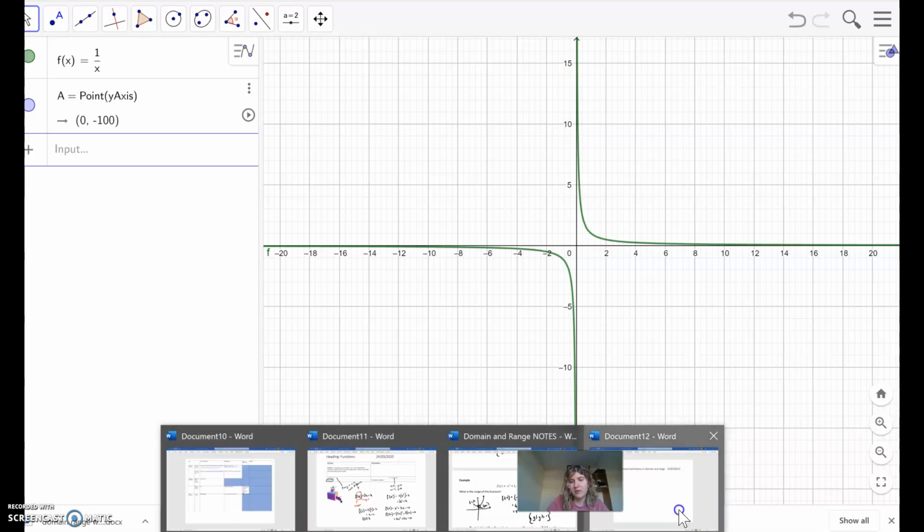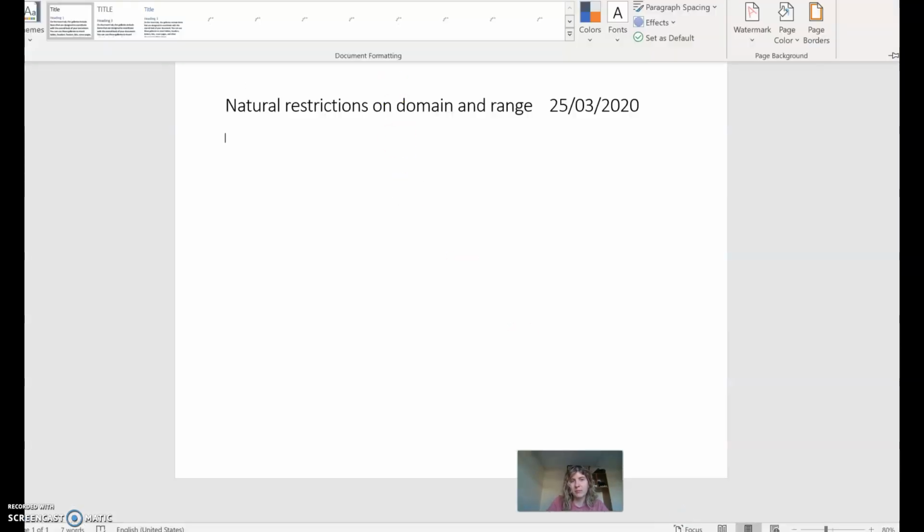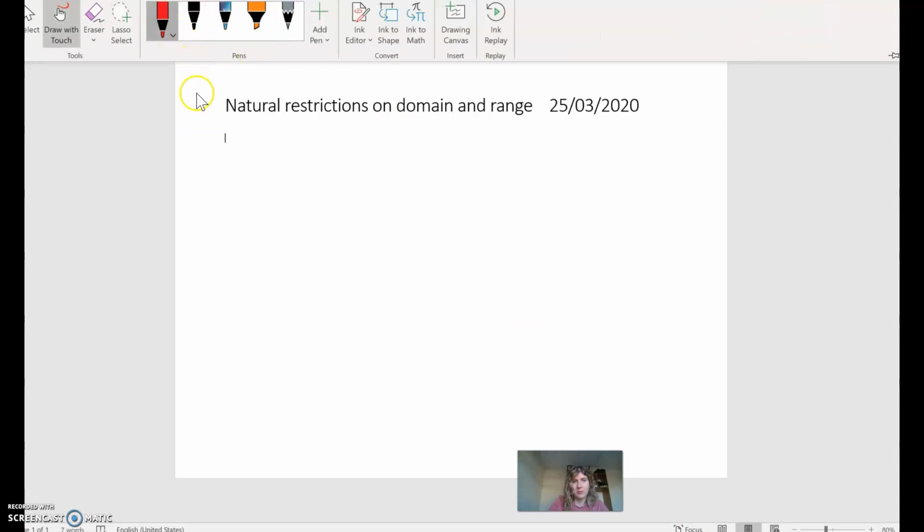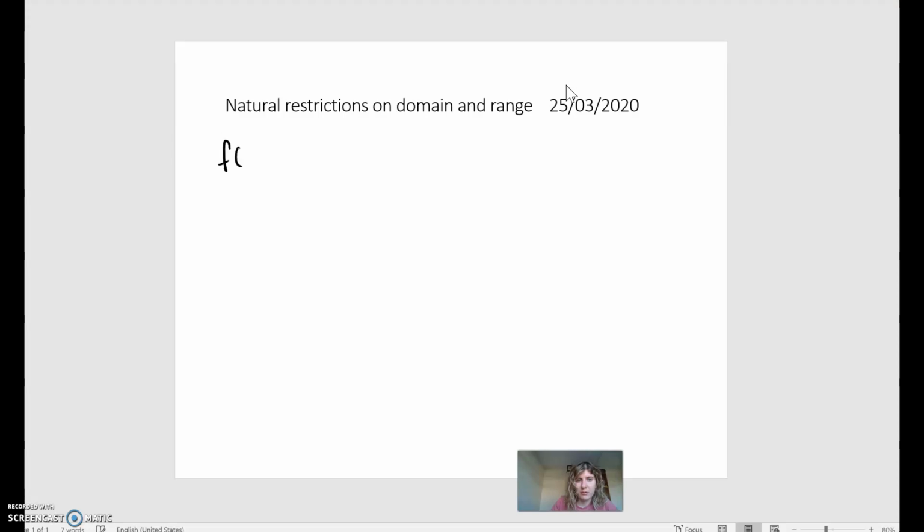And the reason for that is really simple. You've done it before when you were younger, probably. You cannot divide anything by 0. So if you have, for example, what we're looking at, f of x equals 1 over x, f of 0 would be 1 over 0.